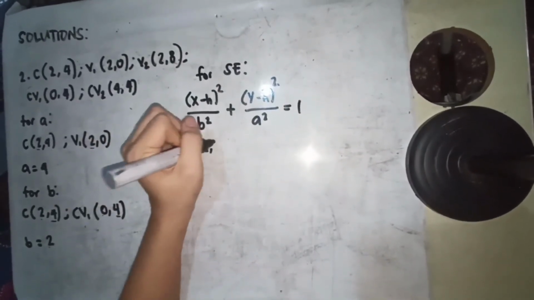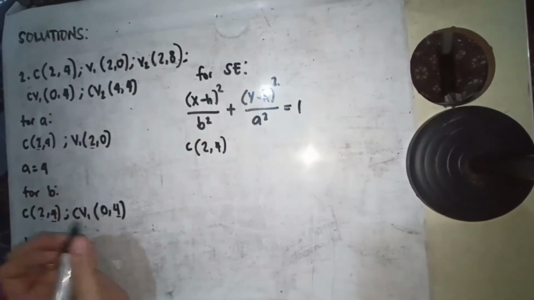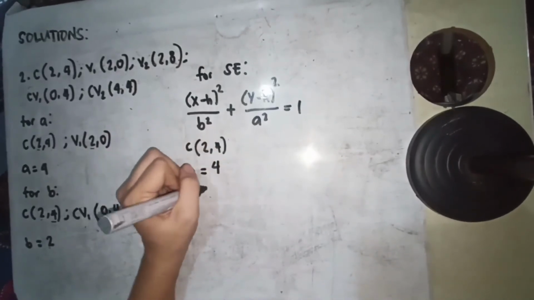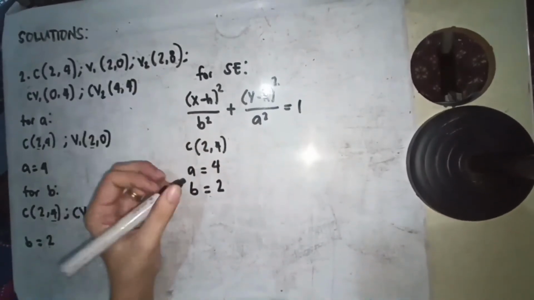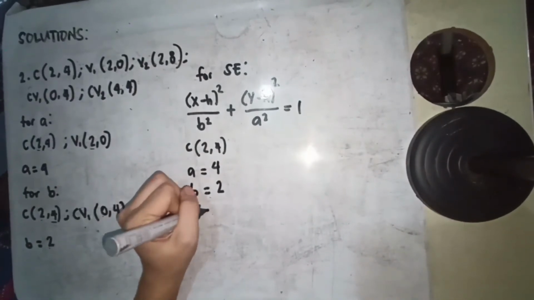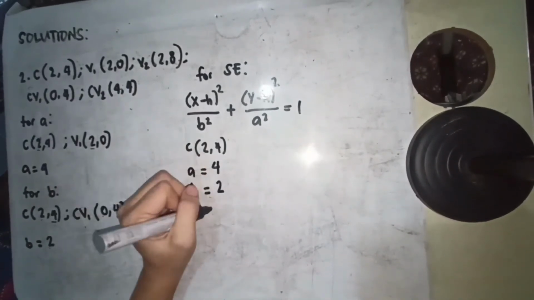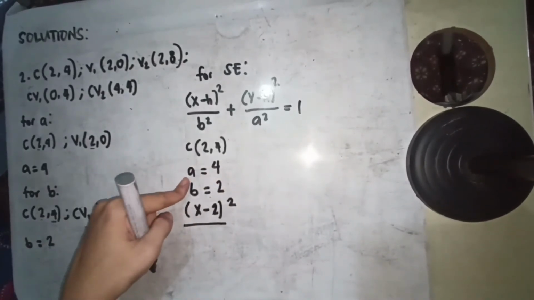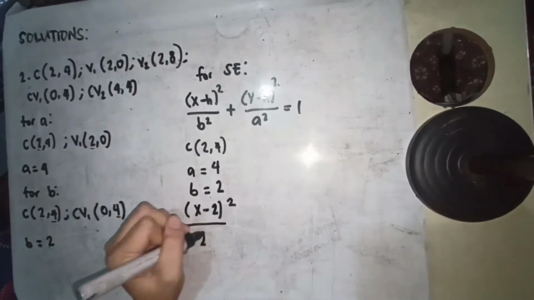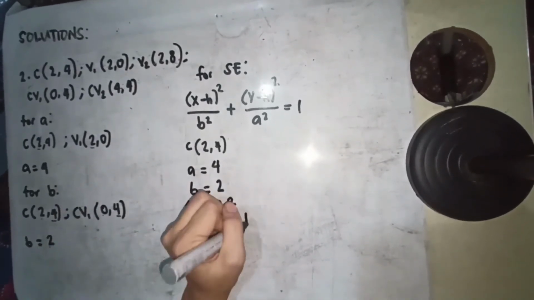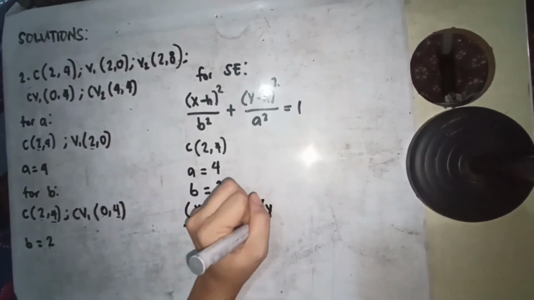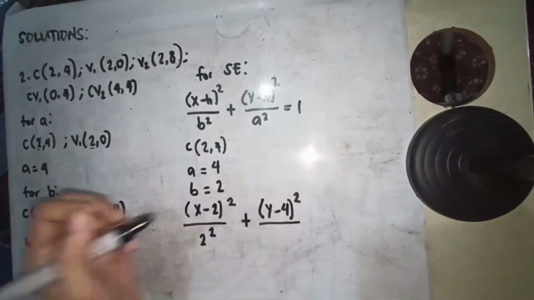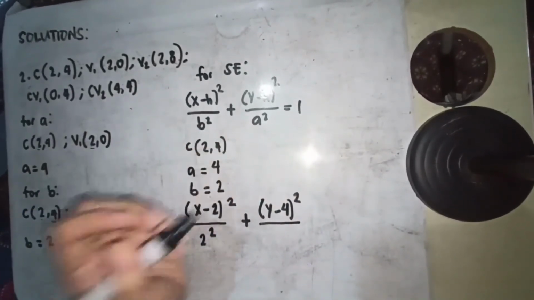Again, our center, we have 2 and 4. And then we have our a, that is equal to 4, and our b, that is equal to 2. Substitute, we have x minus our h, which is 2, squared over our b, which is 2 squared, plus y minus our k, which is 4, squared over our a, which is 4 squared, equals 1.